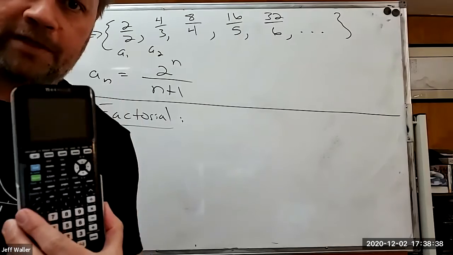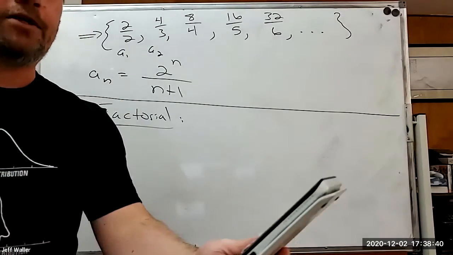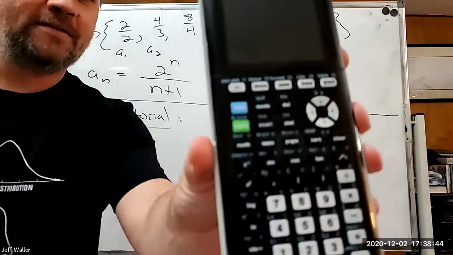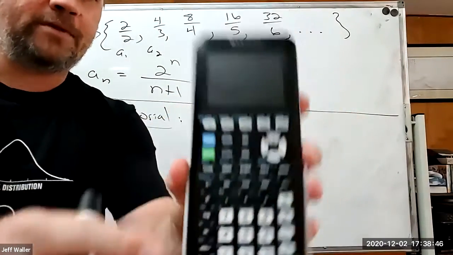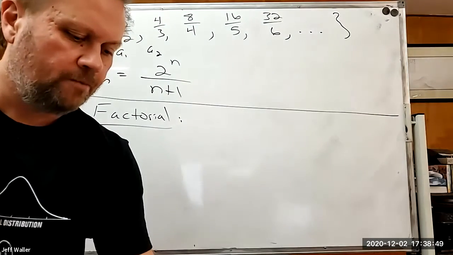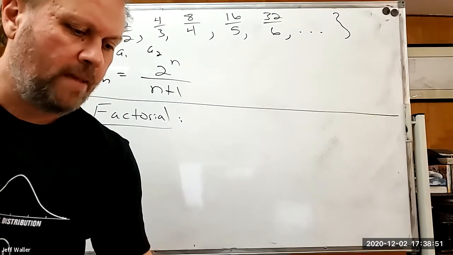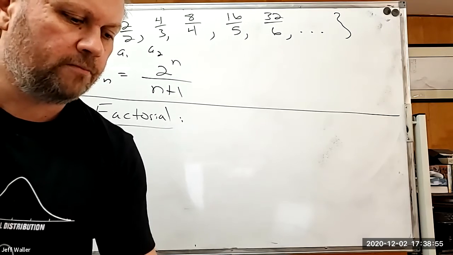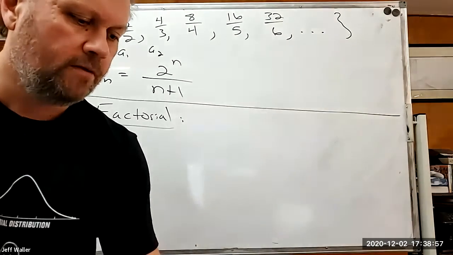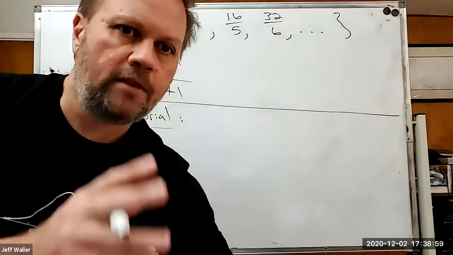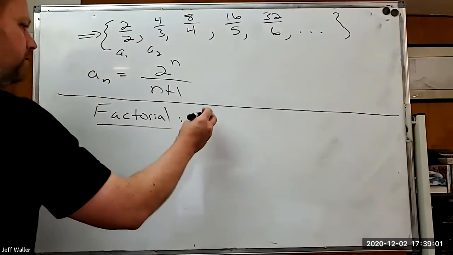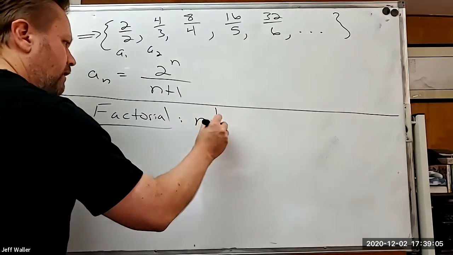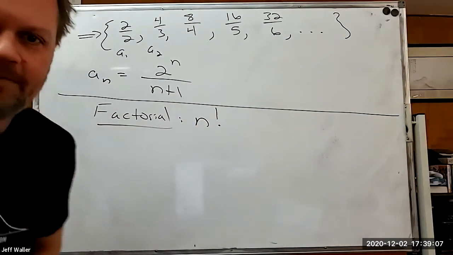If you have a TI calculator, there's a comma above the number 7. There's also, if you hit math and go over to number, I forget where. Oh, yeah, it's in probability. There is an exclamation point. So a factorial is an exclamation point.